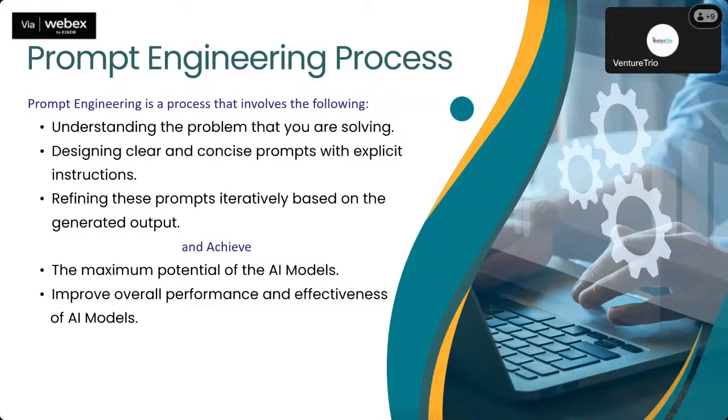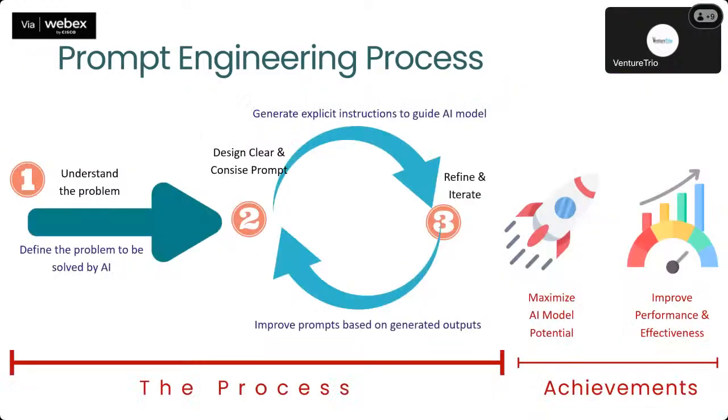So when you have written your prompt, just put it into ChatGPT, ask it, and generate the response as many times as needed until you get your desired information. After this step, you will get the maximum potential of the AI models, improving overall performance and effectiveness. Let's understand more clearly here.